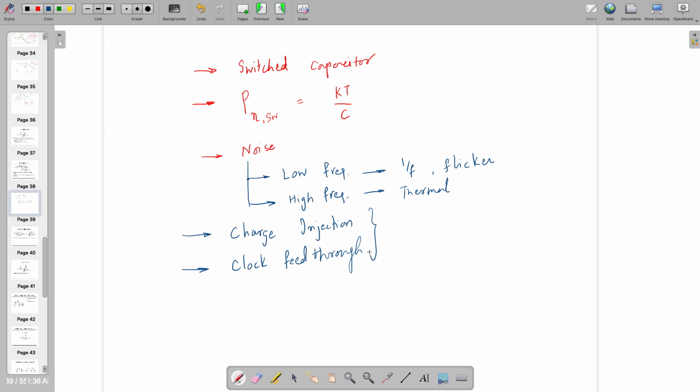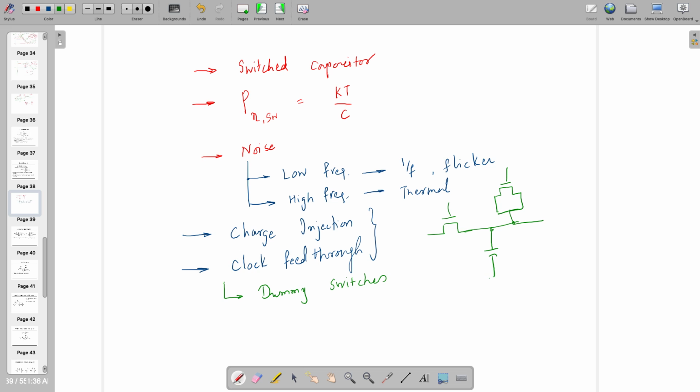It's also contributing something in terms of charge, or the clock is actually still connected to the output capacitance through the parasitic capacitors, and you can observe the clock. So that is clock feedthrough and charge injection. To remove this, we can use dummy switches, which have to be carefully designed.